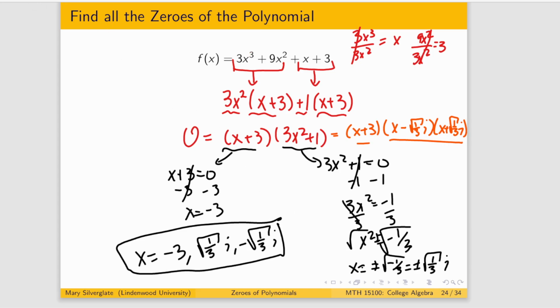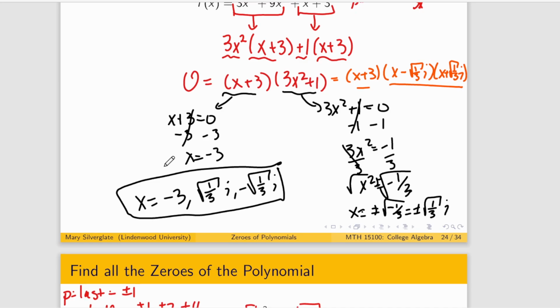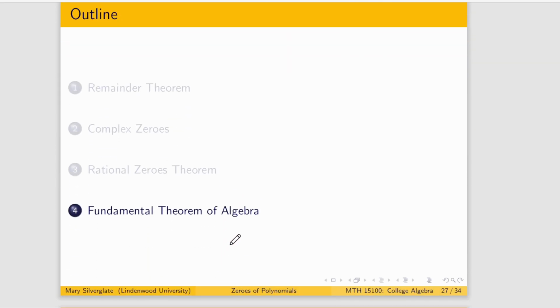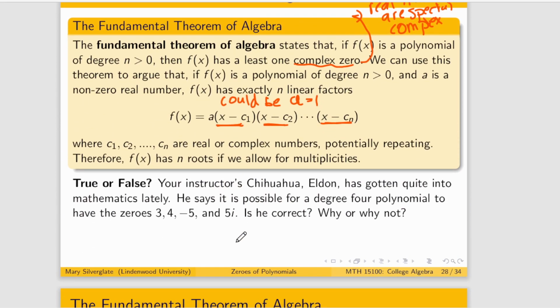So the degree will match however many parentheses you have, maybe with a number out front. That's something we've seen but not named. So whatever the degree is equals the number of roots if we also include multiplicities. So you've already seen this.